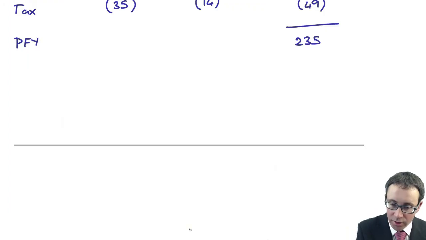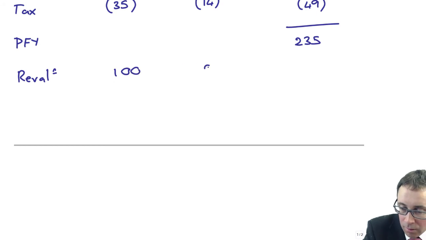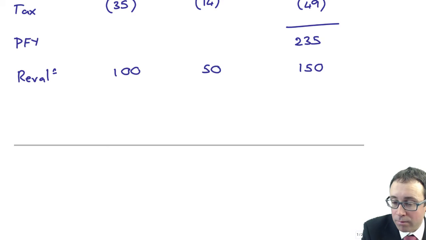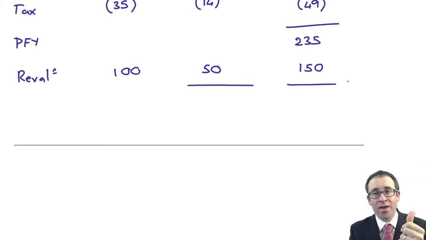Now this is where you just need to be careful, because when you've got your revaluation, so it was 100, you have to put in the 50 in full. Why? Because the revaluation took place at the year end. Okay, so at that instant, the asset had gone up in value by 50 million.